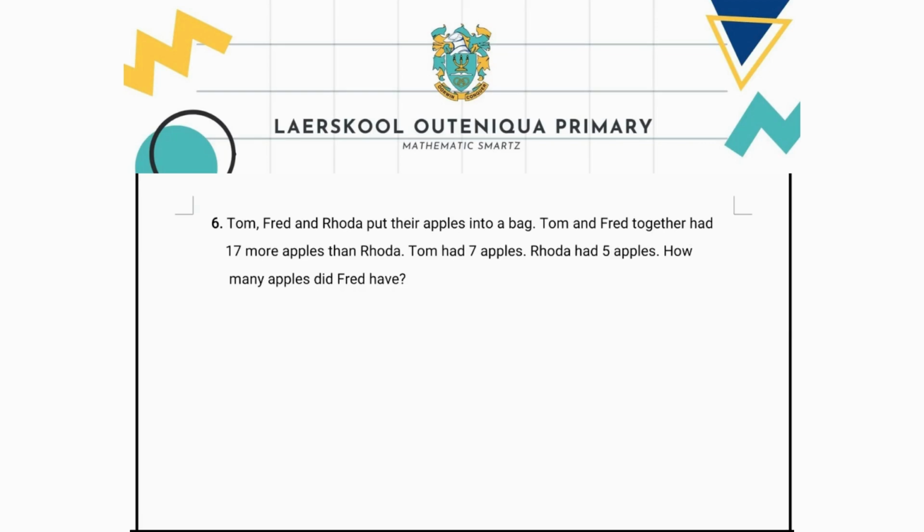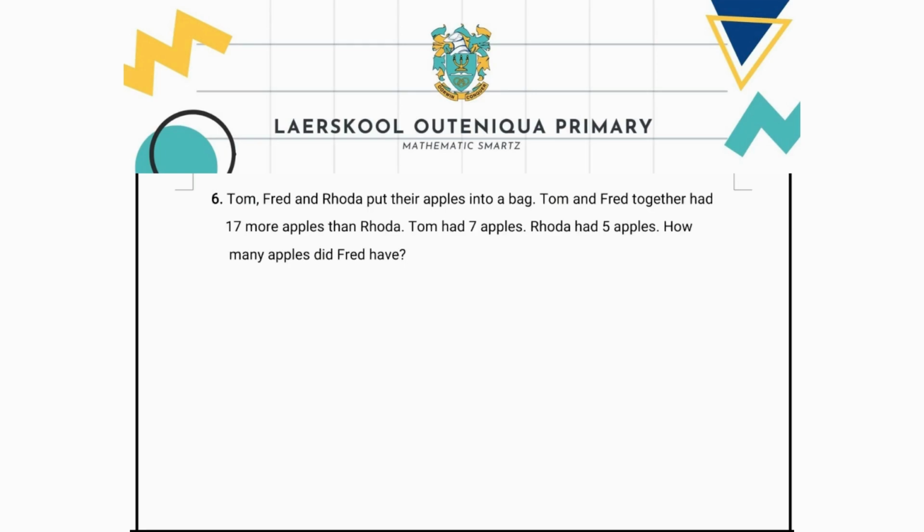Tom, Fred, and Rhoda put their apples into a bag. Tom and Fred together had 17 more apples than Rhoda. Tom had 7 apples. Rhoda had 5 apples. How many apples did Fred have? So I know that Tom and Fred together had 17 more apples than Rhoda. Therefore, I could say that Tom and Fred's apples equaled Rhoda's apples plus 17 more.